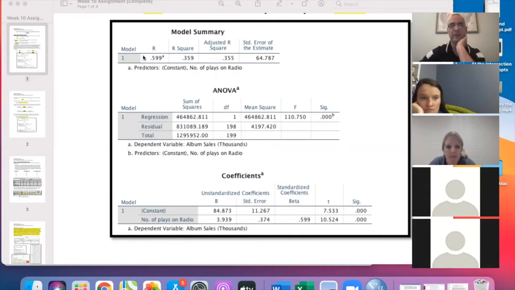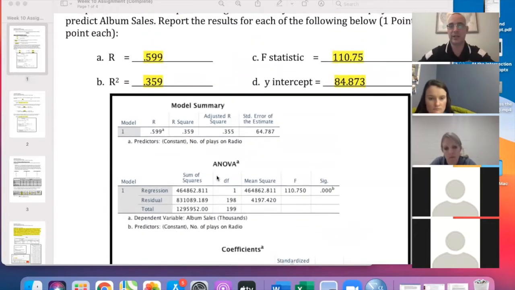You'll get your model summary up here. It'll give you your correlation analysis, and then your coefficient of determination, that's R squared. Then you have your ANOVA report down here, and then your coefficients. Okay, you're going to need all of this to interpret and get these answers.